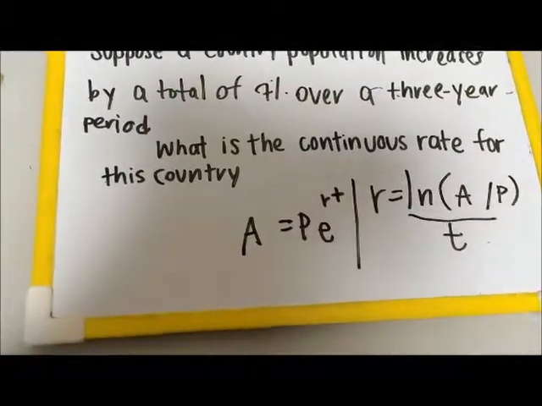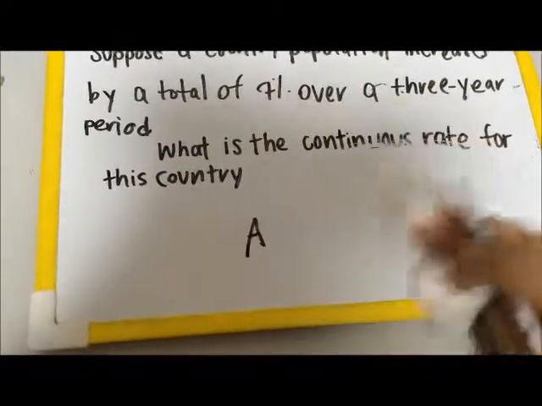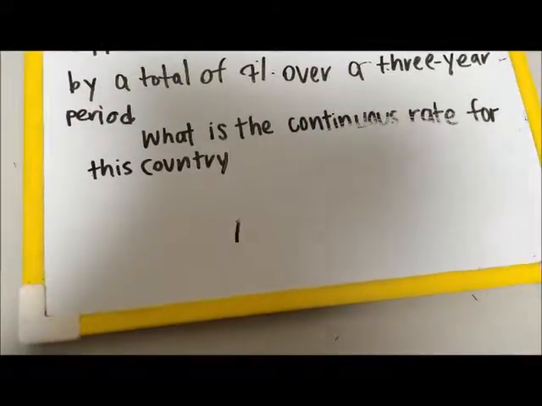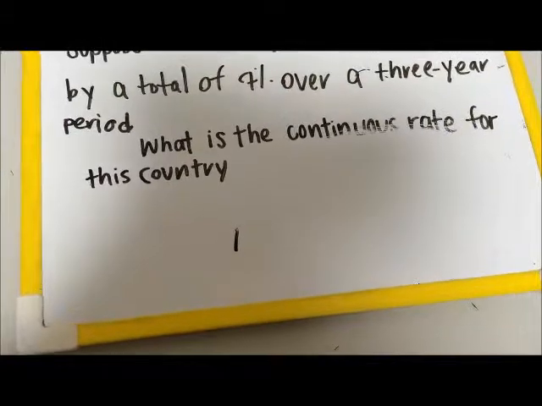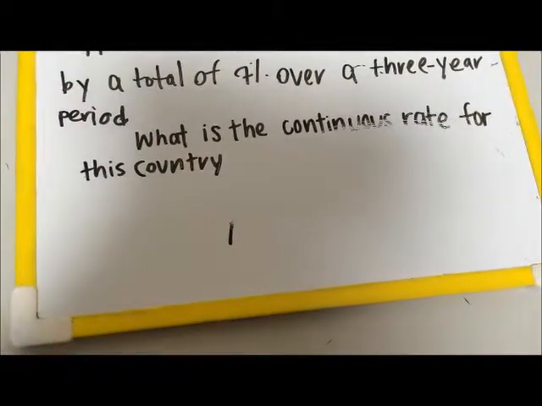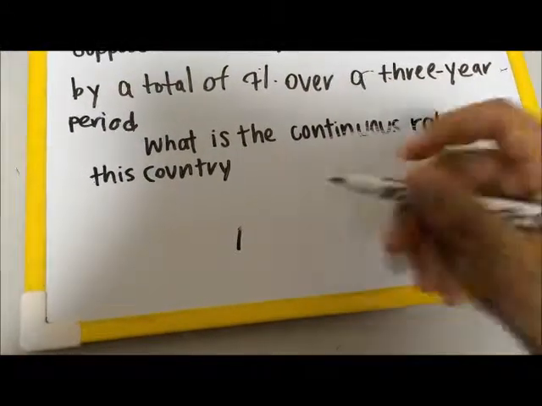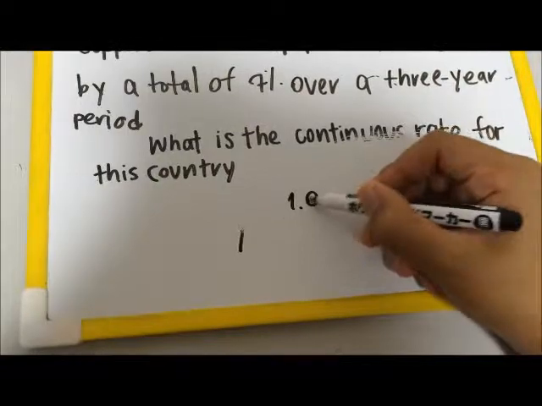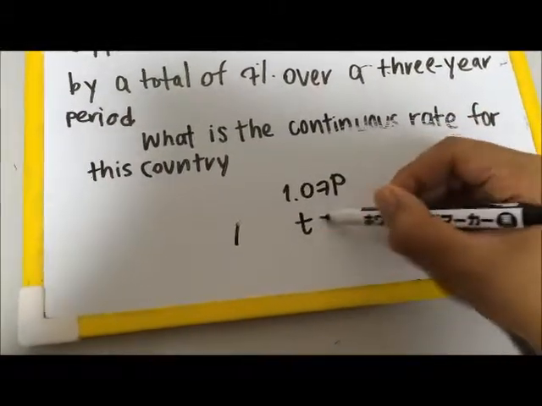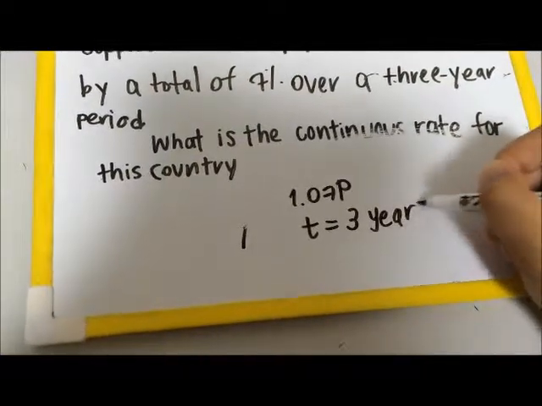And step 2: substitute the given values to find the value of the missing variable. Notice that the initial amount is not given. If we start with P over a 3-year period, it grows by 7% and the amount that it goes to is 1.07 P, and T is equal to 3 years.